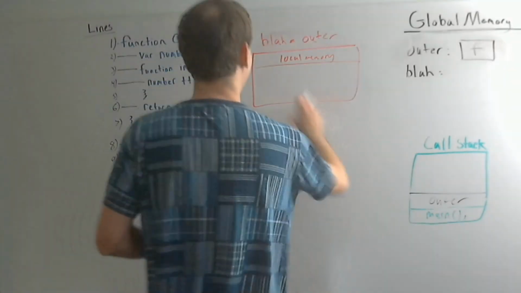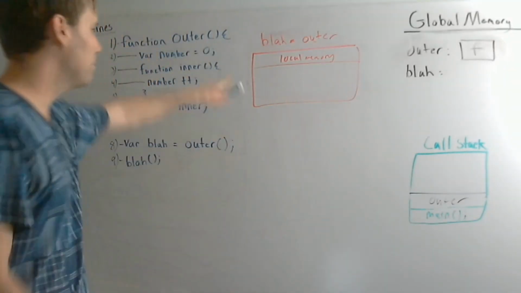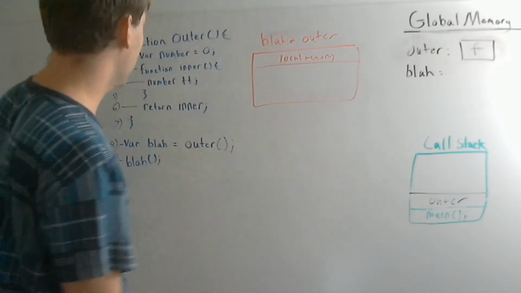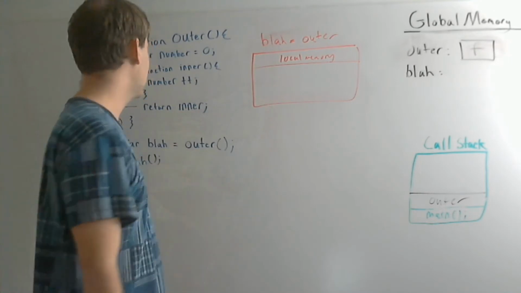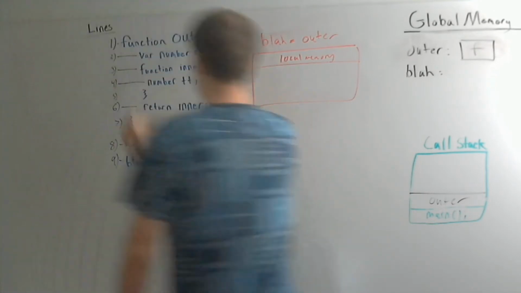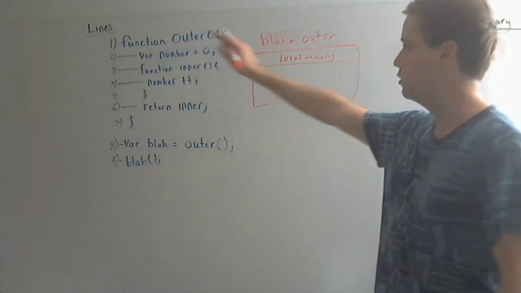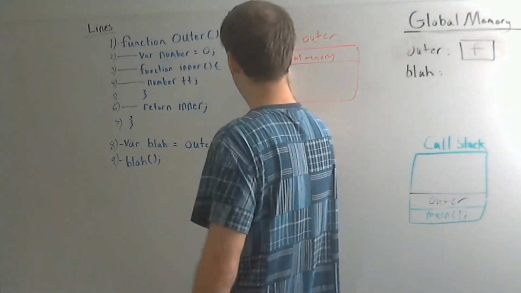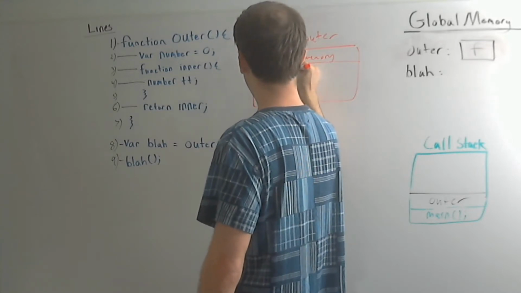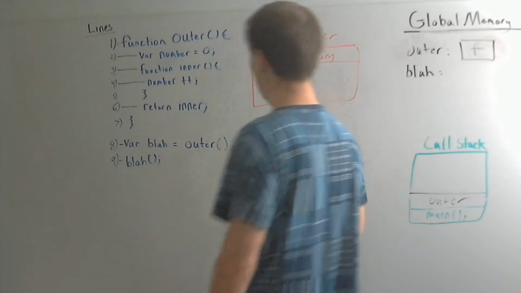Legible. All right, so we're in local memory here in blah, right? See, we have it on the call stack. Don't forget about that, guys. It's really important. We are inside the execution context of outer function. What's next? It's going to be line 2. We're going to be setting variable number equal to 0.